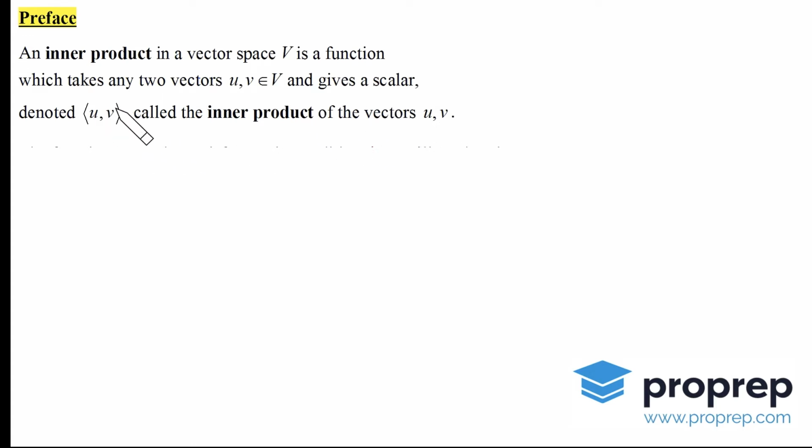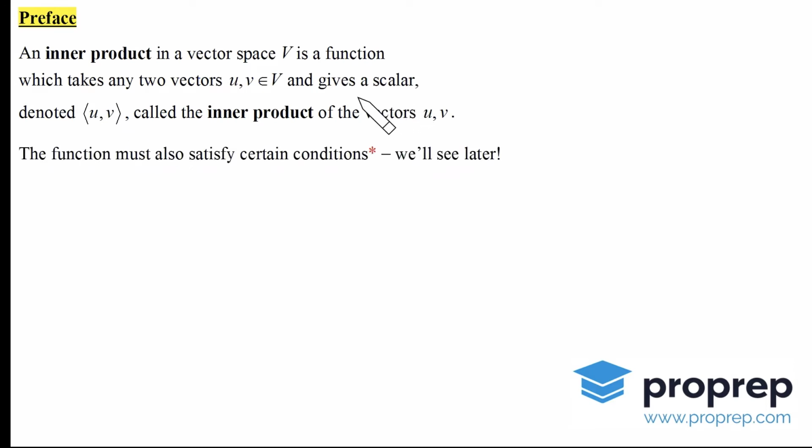As I said, we take two vectors u and v, and their inner product is a scalar. But not any function which takes two vectors and gives us a scalar is an inner product. There are certain conditions. Actually, we're going to have 4 conditions, and we'll see that later.